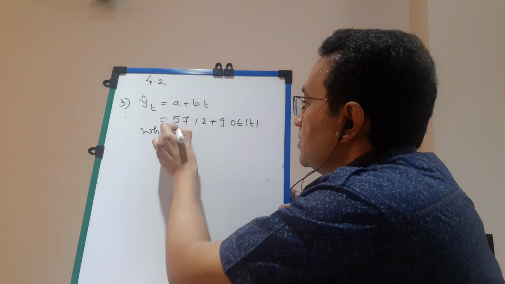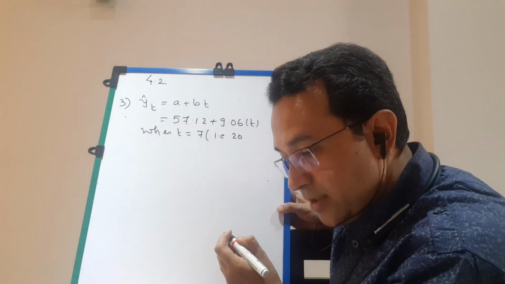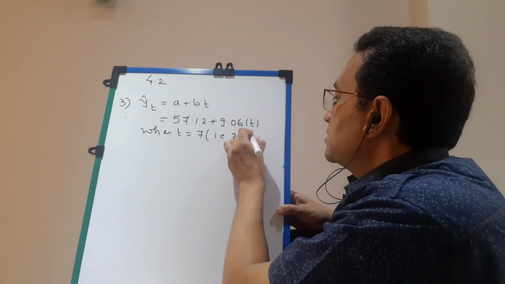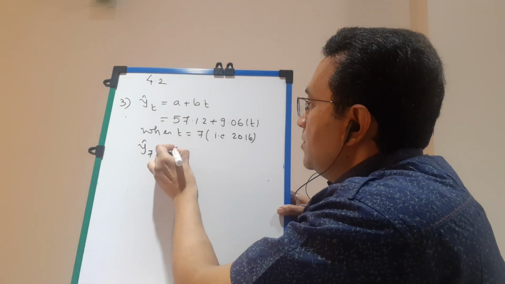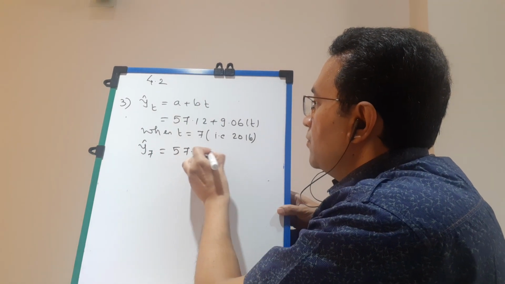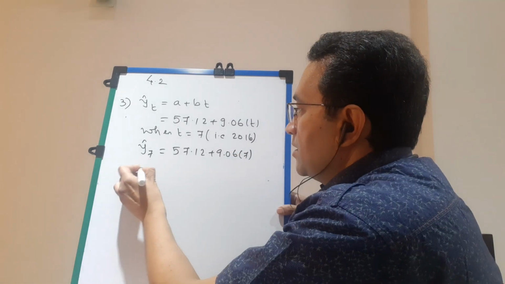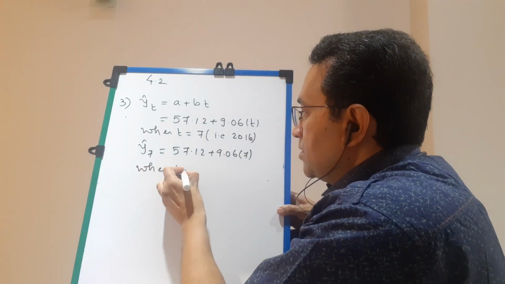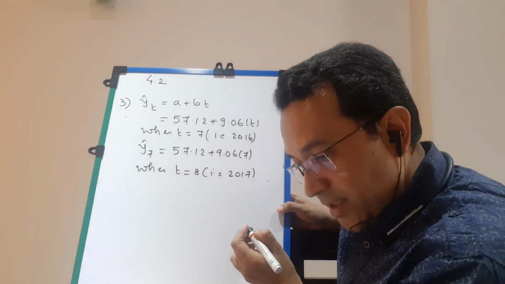When t is equal to 7, that is for the year 2016, y7 cap will be 57.12 plus 9.06 into 7, and when t is equal to 8, that is 2017.